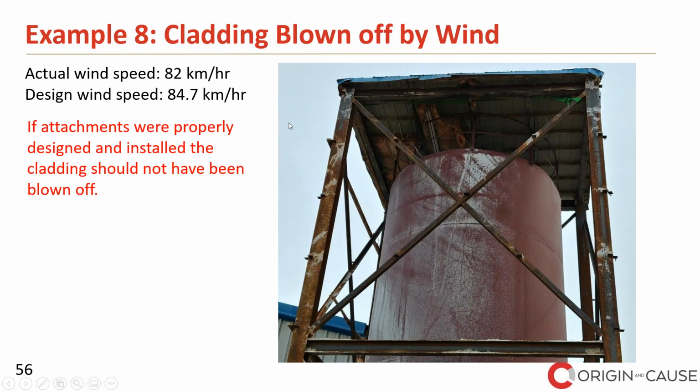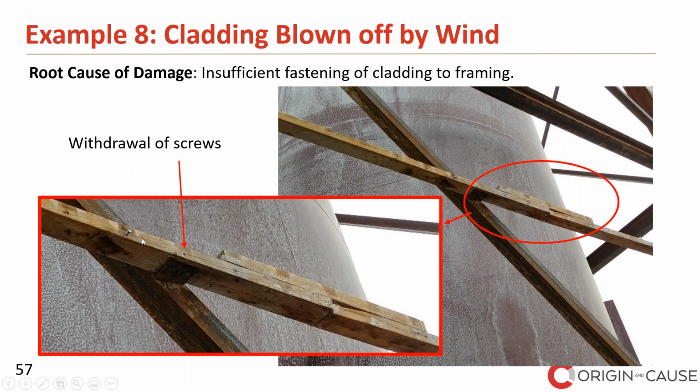Another example, the cladding was blown off during a windstorm. And again, the actual wind was 82, the design wind was 84. So the actual wind speed was actually lower than the design wind speed. We investigated, we figured that the fasteners were just screws that were withdrawn from the wood girts.